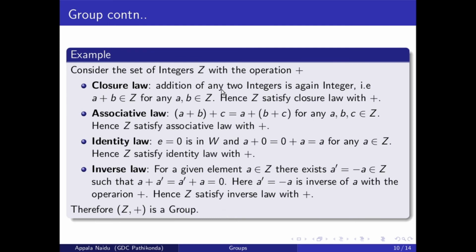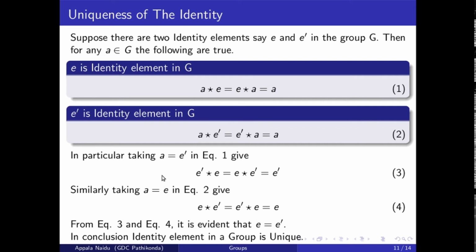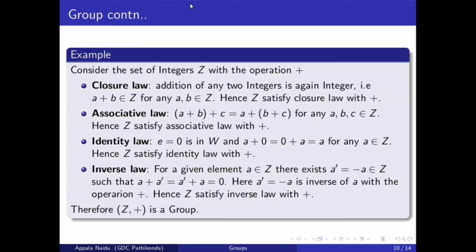Now let us consider the set of integers with the operation addition. So the set of integers contains 0, natural numbers and negative natural numbers. Now it satisfies closure law because adding any two integers will again be an integer. It satisfies associative law with the plus operation.